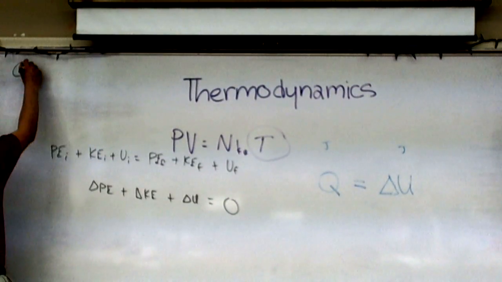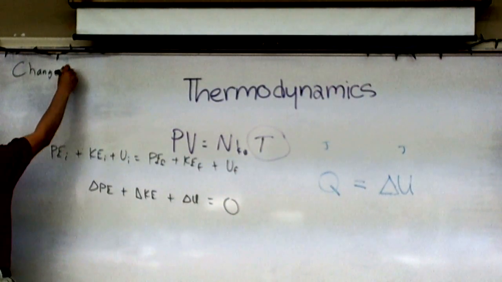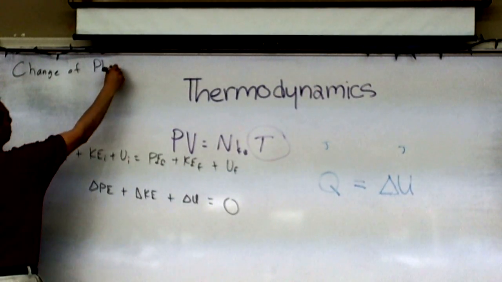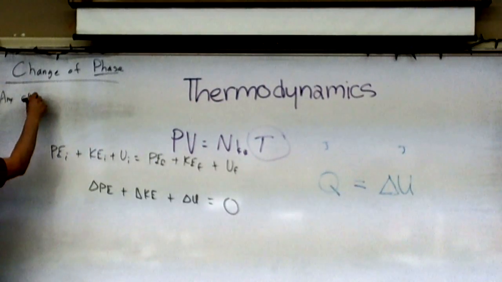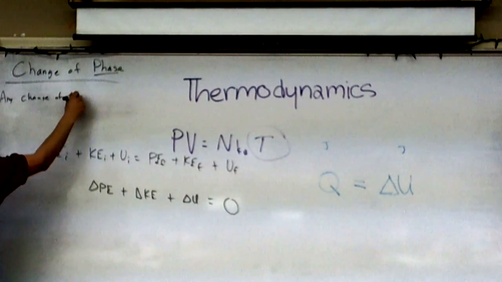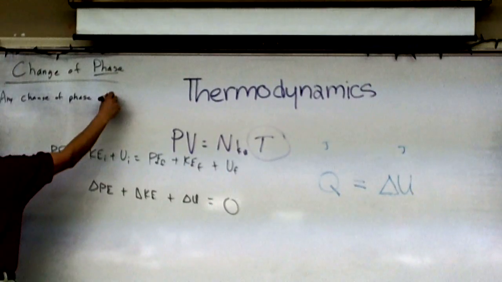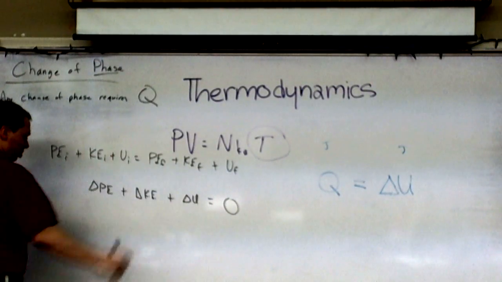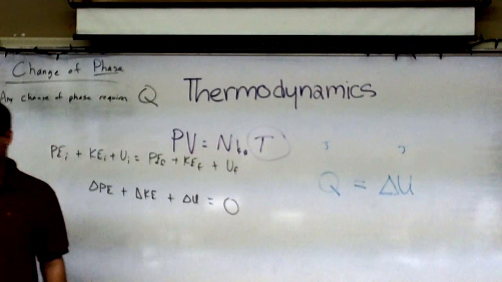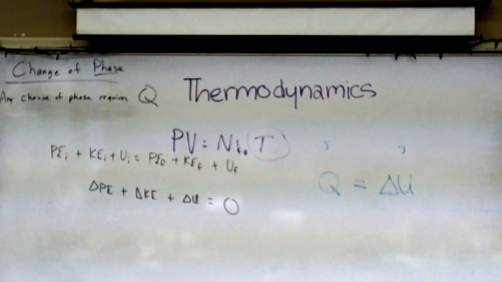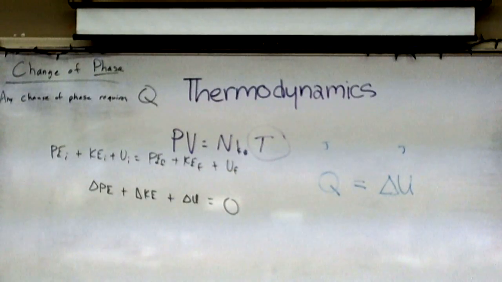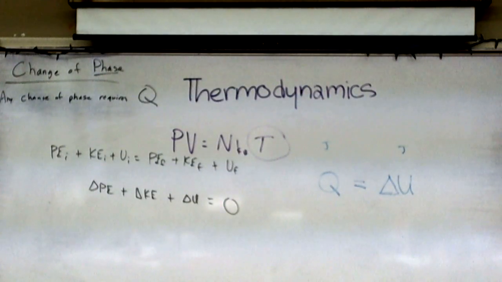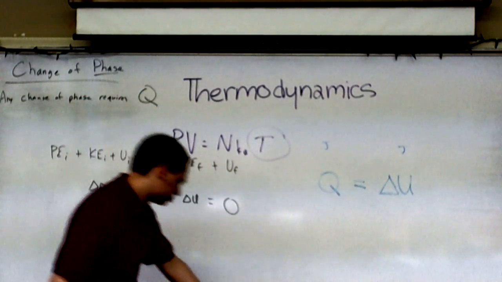Phase. Any change of phase requires Q. Requires the transfer of energy, which is heat. Heat is the transfer of energy. Now, does that mean that everything needs heat to change phase? No. Sometimes it needs to lose heat. It needs to either gain or lose.